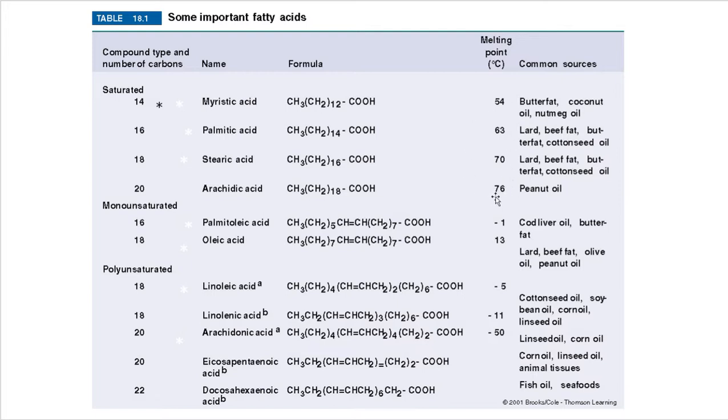They are in the solid state at room temperature. Then we can say that saturated fatty acids are solids at room temperature, while the monounsaturated and polyunsaturated, as you can see here, are liquids at room temperature because the melting point is too low.